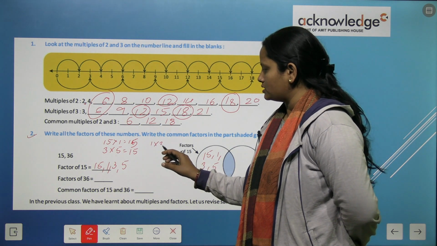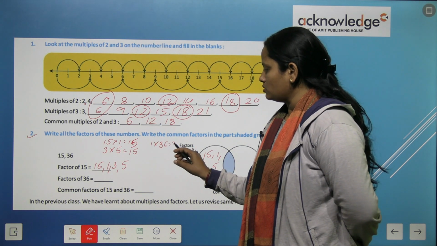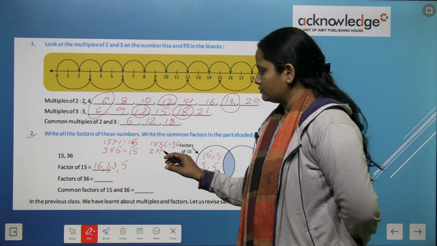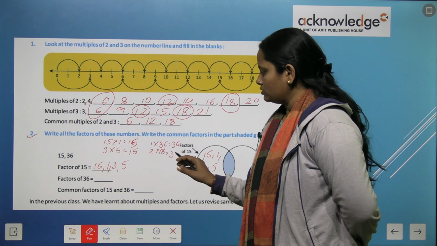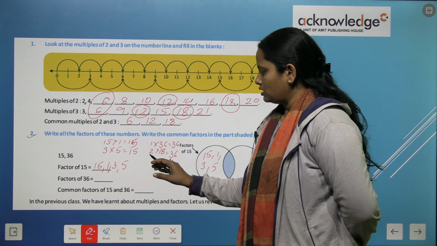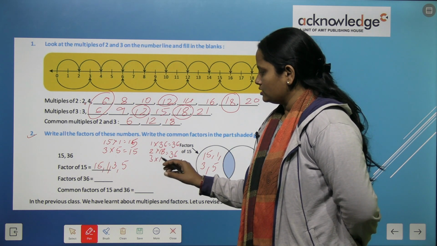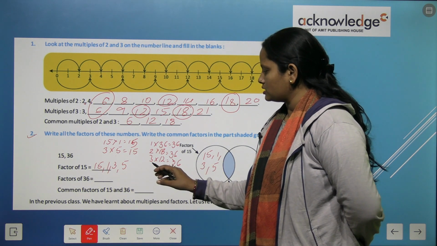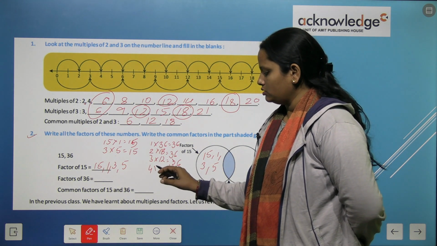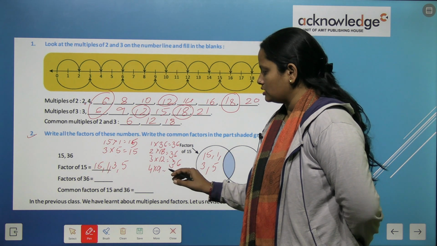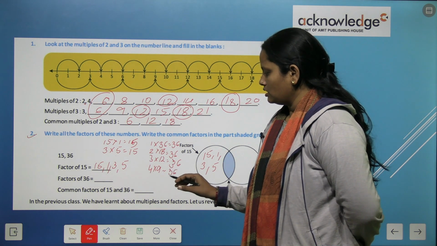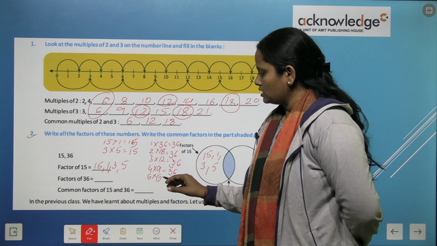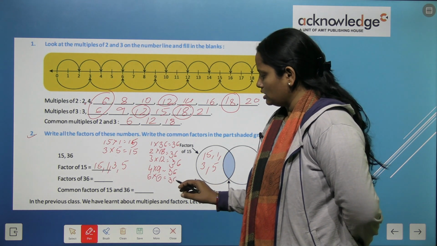1 multiply 36 is equal to 36. 2 multiply 18 is equal to 36. Now, 3 multiply 12 is equal to 36. 4 multiply 9 is equal to 36. Now 6 multiply 6 is equal to 36.